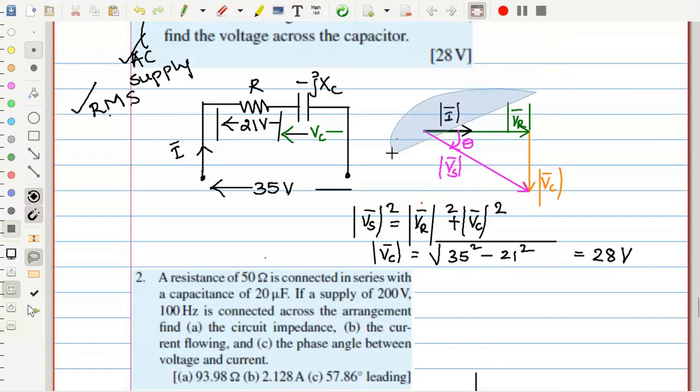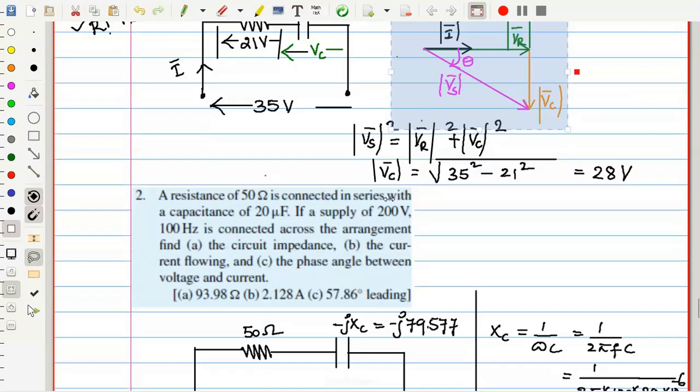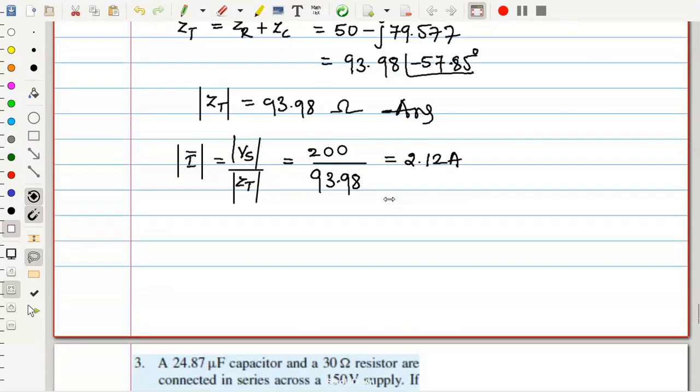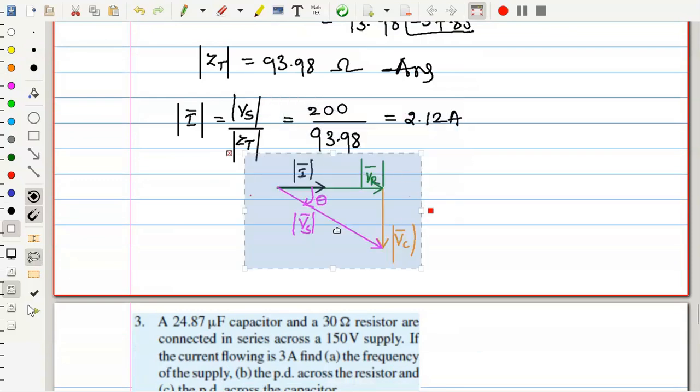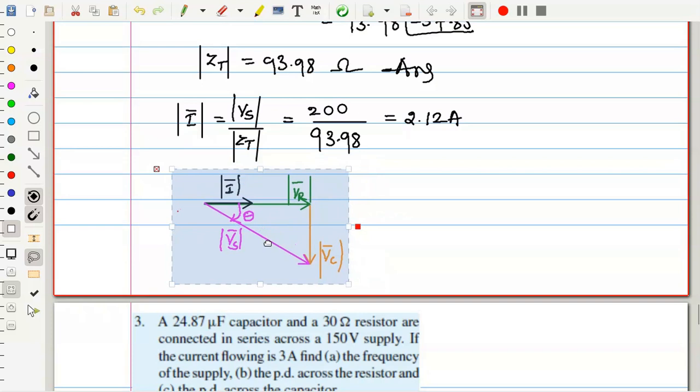So let me put up this diagram over here. Now, what is theta? You can observe theta is the angle of the impedance, as shown here.